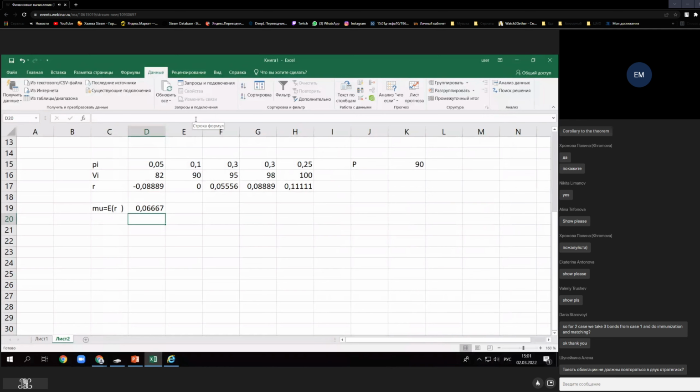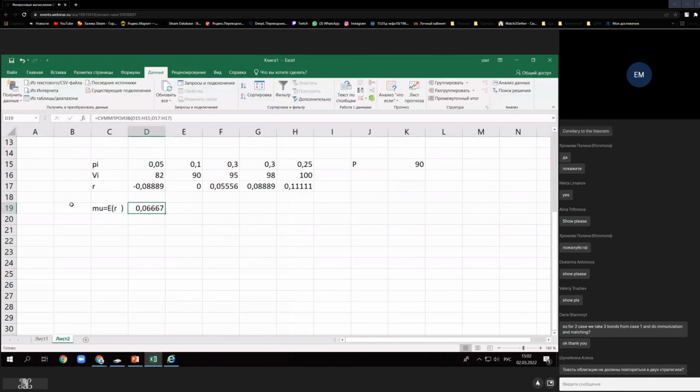Like this. It means this is the average we are expecting, that in a year our share will grow up to 6.7%. This is about the expected return.